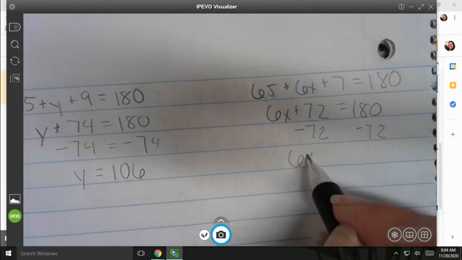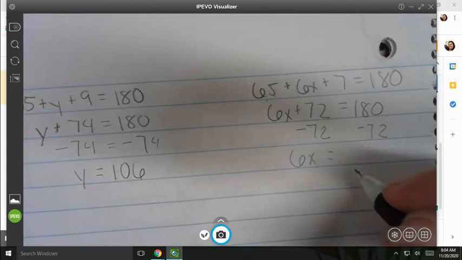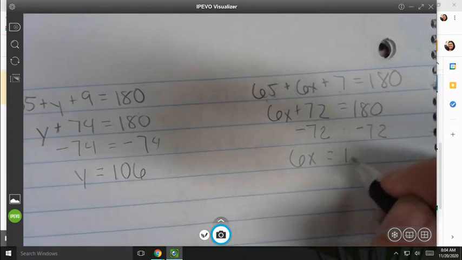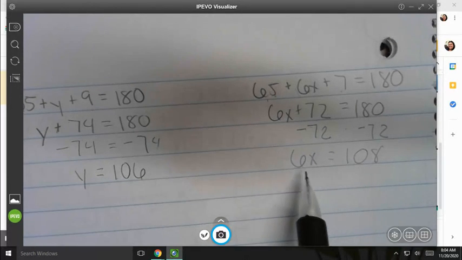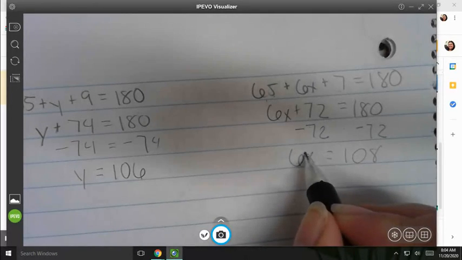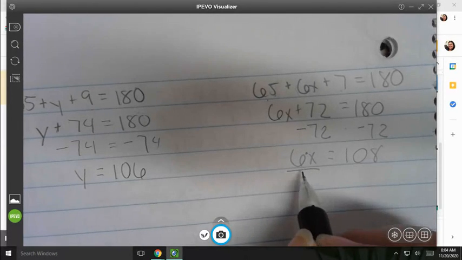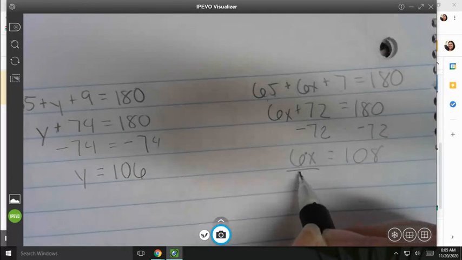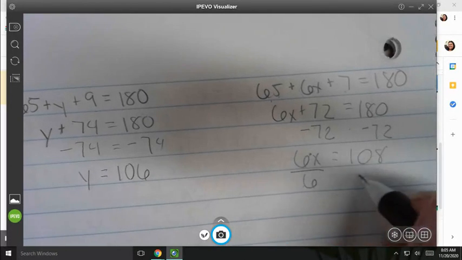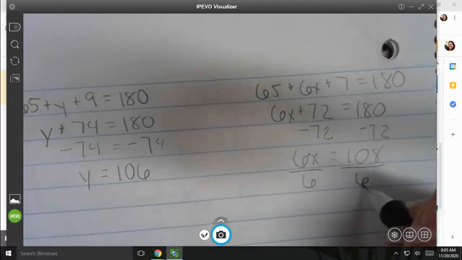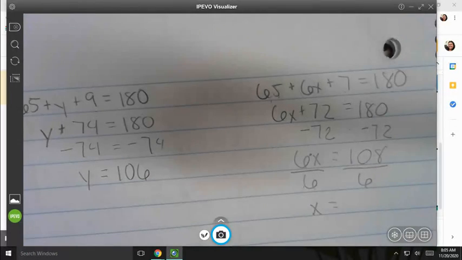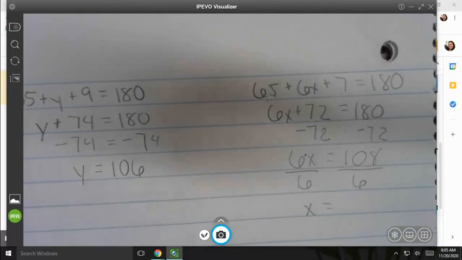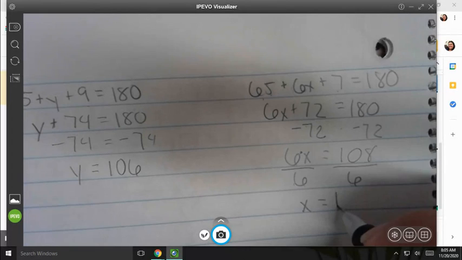That leaves us just with 6x and 108. So 6x is really like saying 6 times x, and the opposite of multiplication is division. So 6x divided by 6 and 108 divided by 6 will leave us with our little x by itself. I don't know off the top of my head what 108 divided by 6 is, but the calculator does, and it tells us that it is 18.